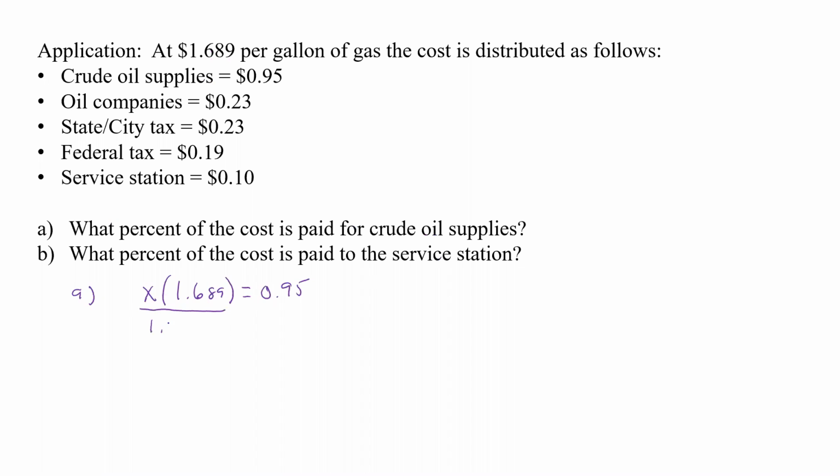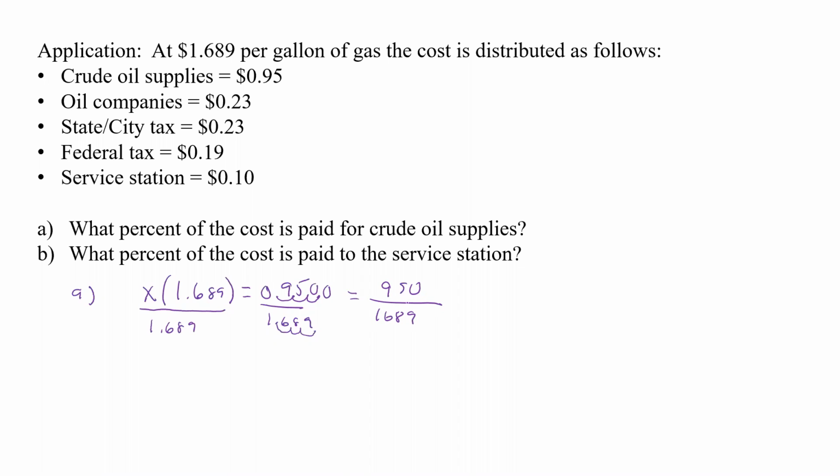Okay, so 0.95 divided by 1.689. And now we just divide those out. But we're dividing by a decimal, so we have to move it 1, 2, 3 spots here. So we have to move it that many spots on the top. So 1, 2, 3. And so this is 950 over 1689.